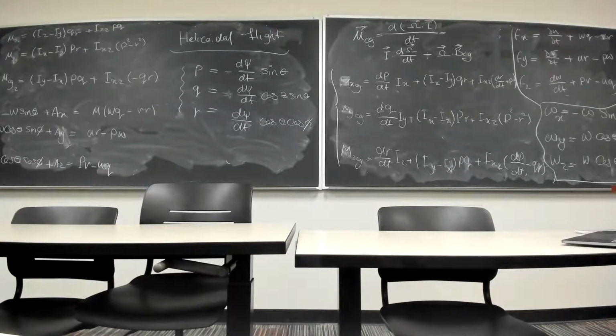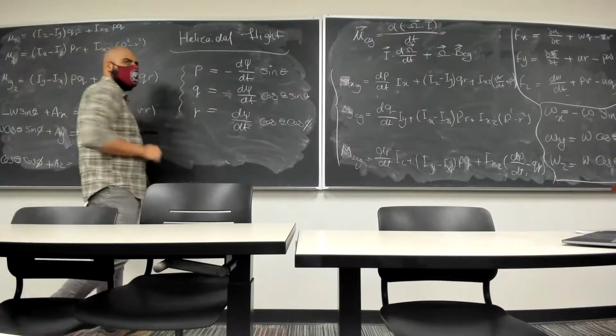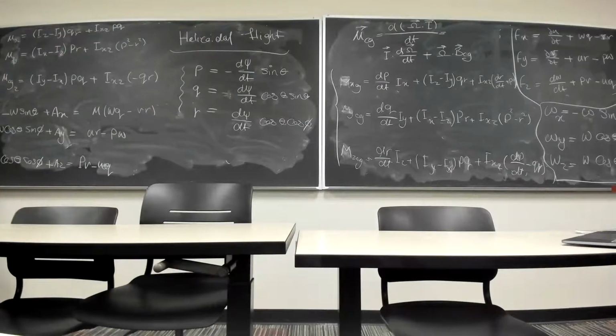What was the psi angle? That's correct. So in a steady flight, d psi dt is not going to be 0, right? Especially in a helicopter, that is still a steady flight, but the psi is changing over time, right? And P, Q and R are going to be this.